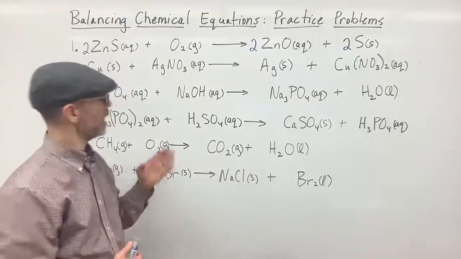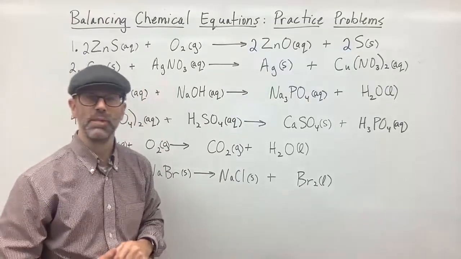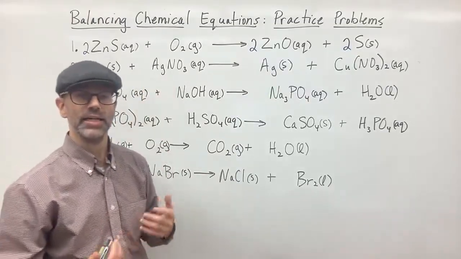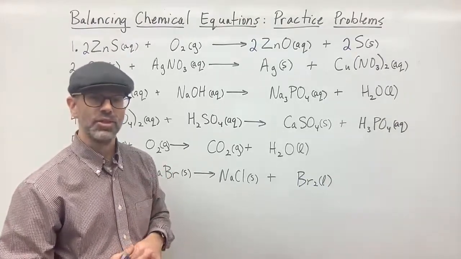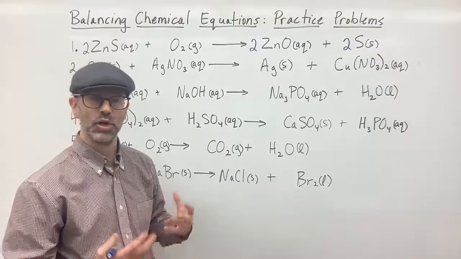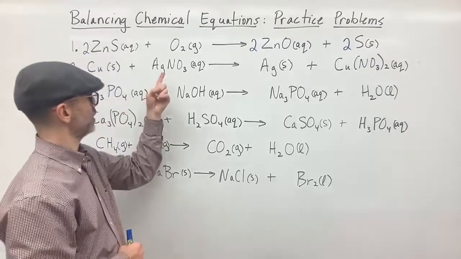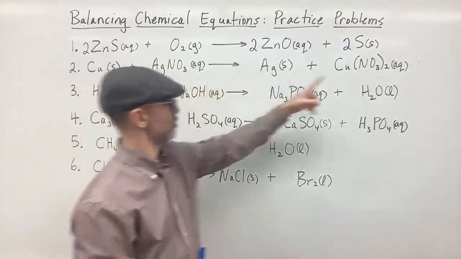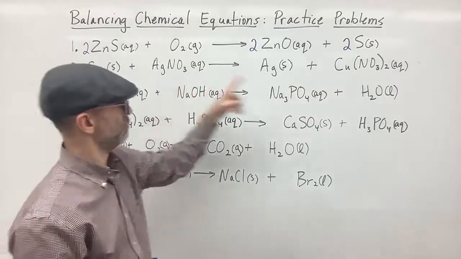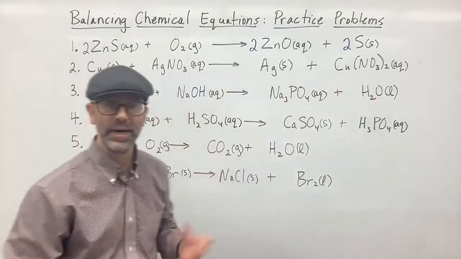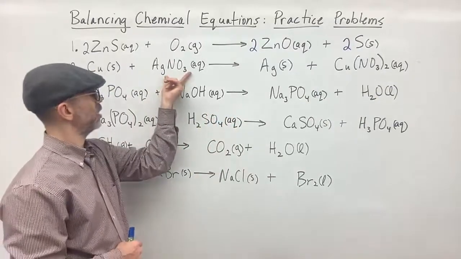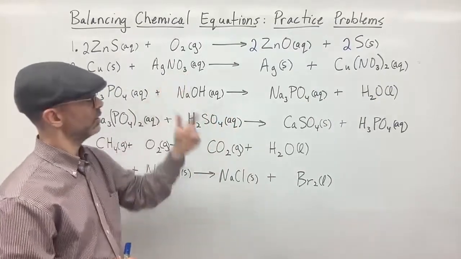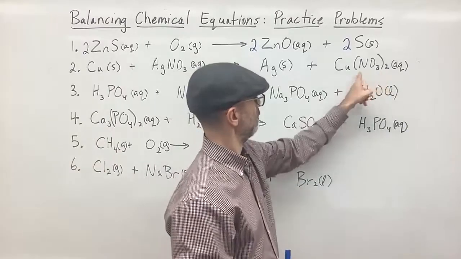Now we have this polyatomic ion here. And the great thing about polyatomic ions is usually they stay together in the reaction. So you can count that as one unit. So instead of counting the nitrogens, oh, that's one, and I have three and three, I can count the thing as a whole. So I have one NO3 here, and I have the NO3 here.